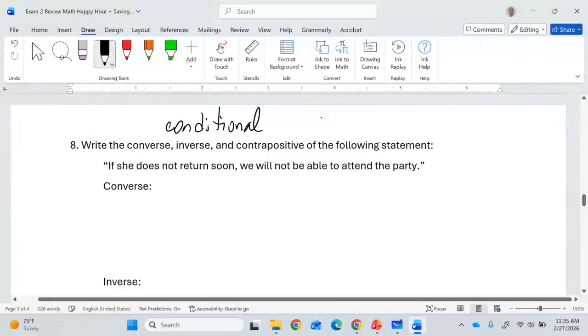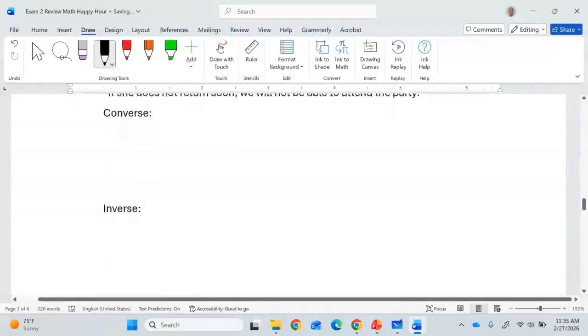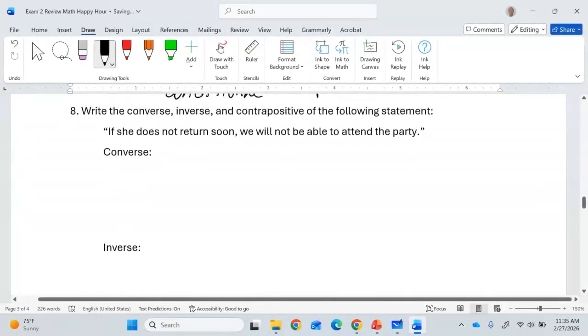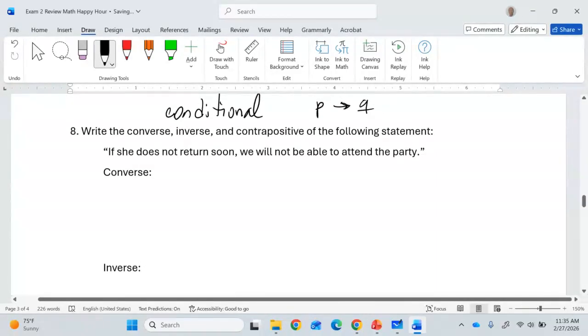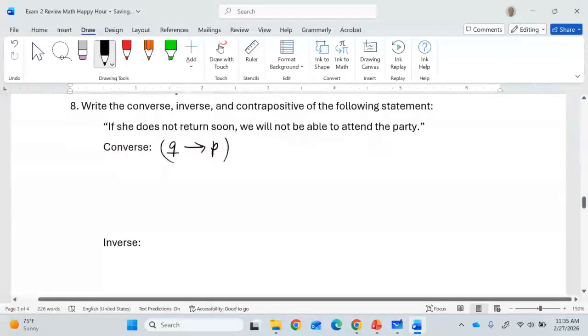The basic conditional statement is P implies Q. If P happens, then Q happens. The converse, the inverse, and the contrapositive work in this manner. The converse is when you flip the order, so this would be Q implies P. That's how you put it in symbols.